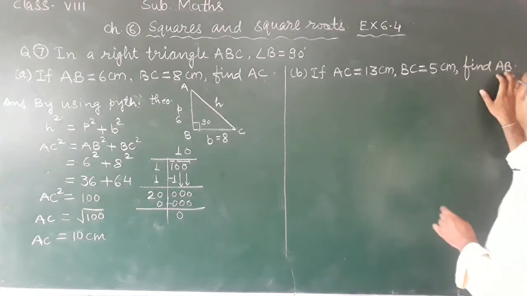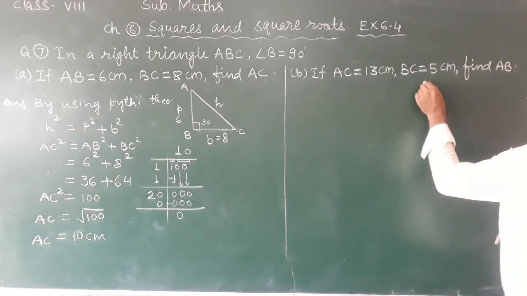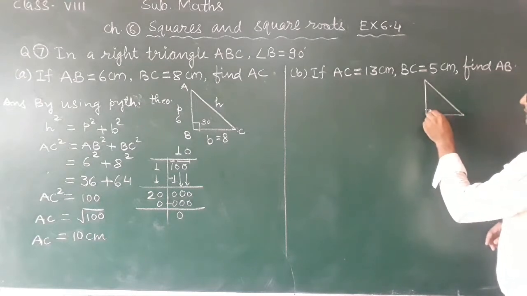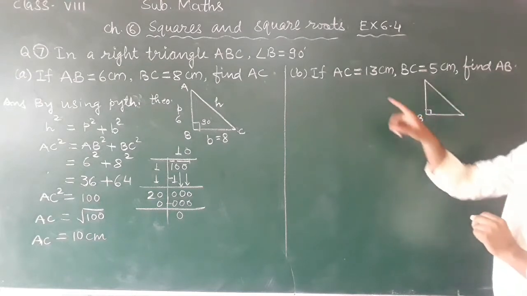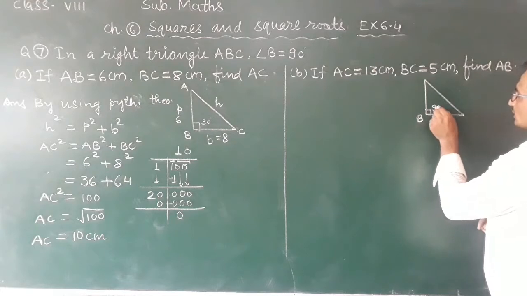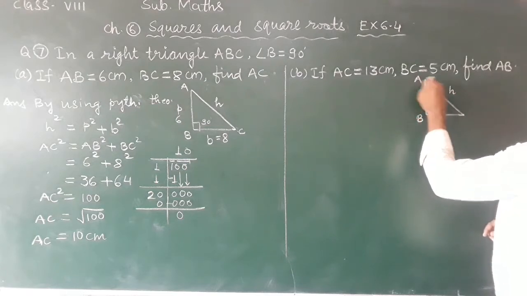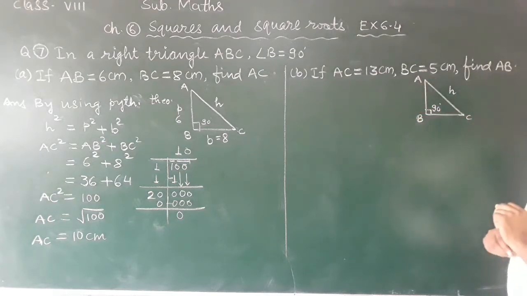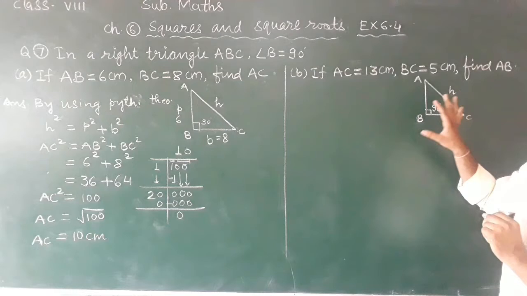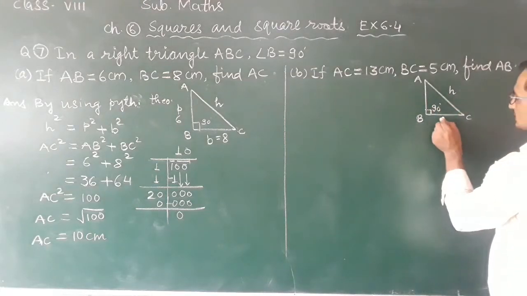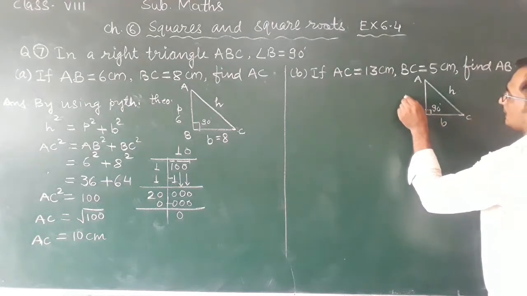So for finding the value of AB, firstly we draw a right angle triangle in which angle B is 90. This is given in the question. The side opposite to the right angle is the hypotenuse. This is vertex A, this is vertex C. This is triangle ABC, which is a right angle triangle, and opposite to 90 is the hypotenuse. This is base and this is perpendicular.